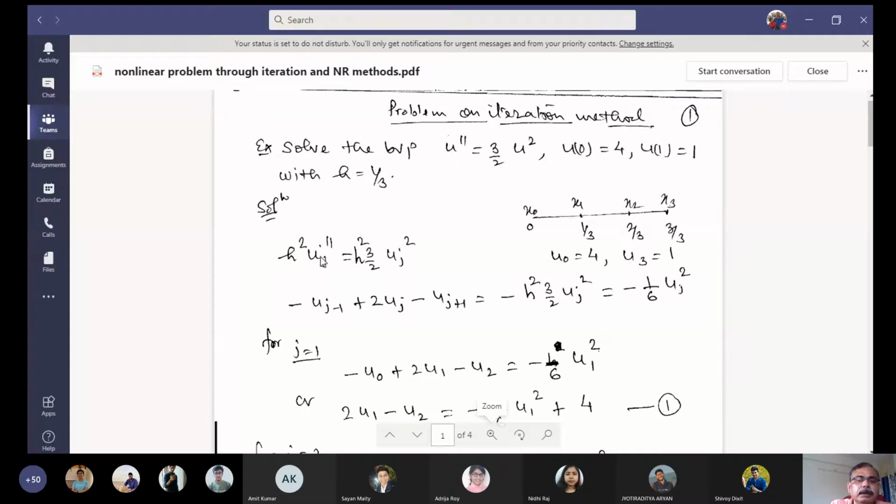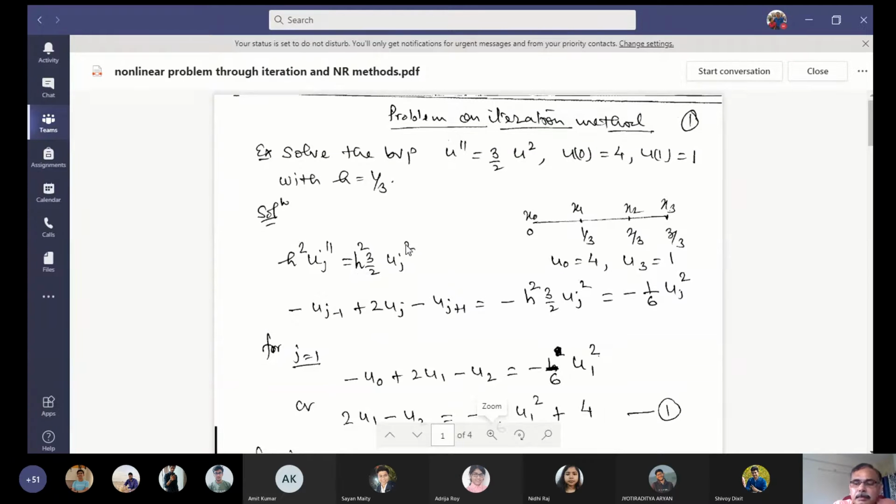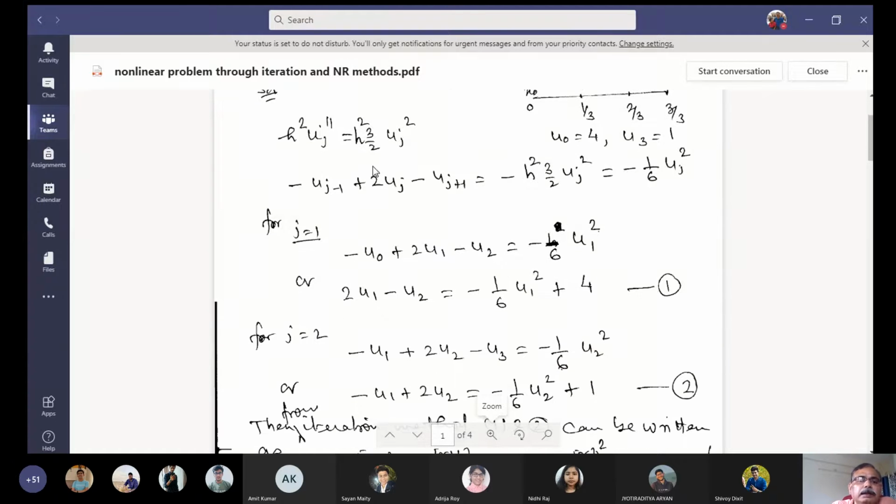So h square uj double prime at a general point uj equals h square times 3 by 2 uj square. This is the nonlinear term in the differential equation. You know that the second order approximation for h square uj double prime is minus uj minus 1 plus 2 uj minus uj plus 1, and that equals minus 3 by 2 h square uj square, the nonlinear part.